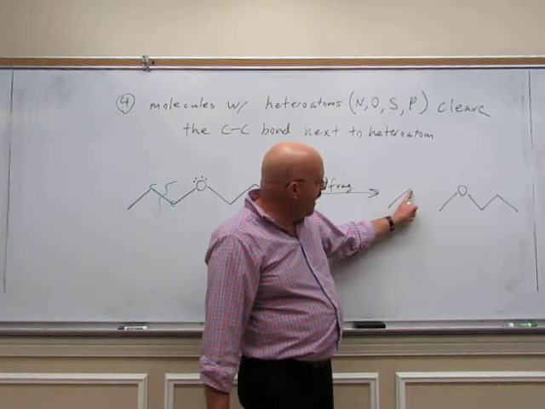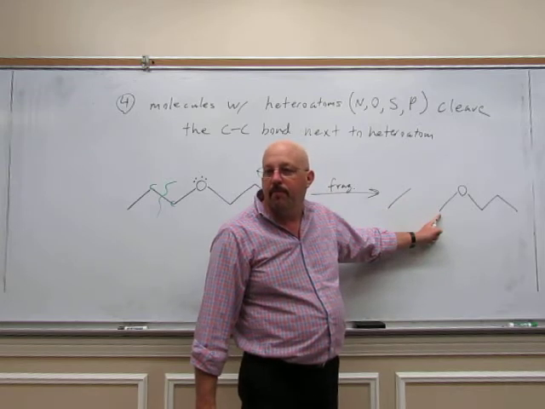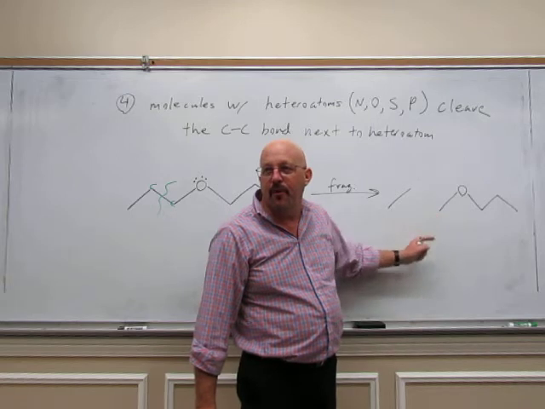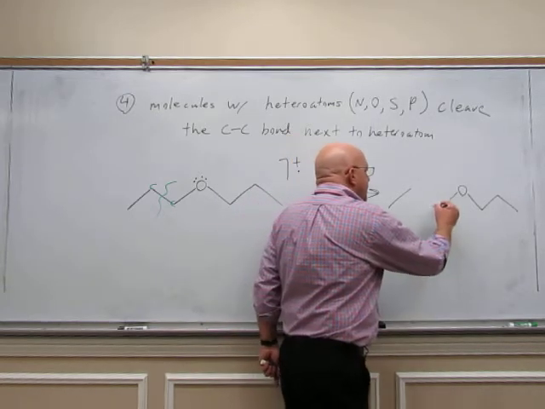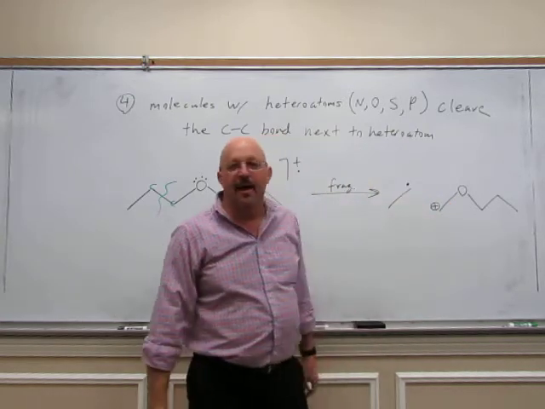If you put the cation here, it's a primary cation. If you put the cation here, it's a primary carbocation. Does it matter which place it goes? Yep. Where is it going to go? You want the oxygen. Why? Resonance. Yes. So this one's going to be the radical, this one's going to be the cation.